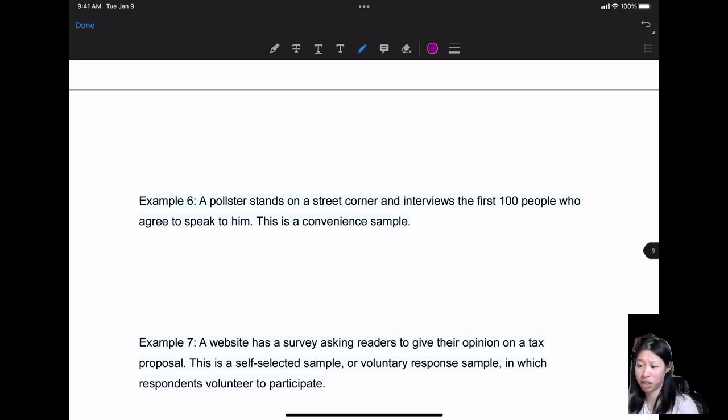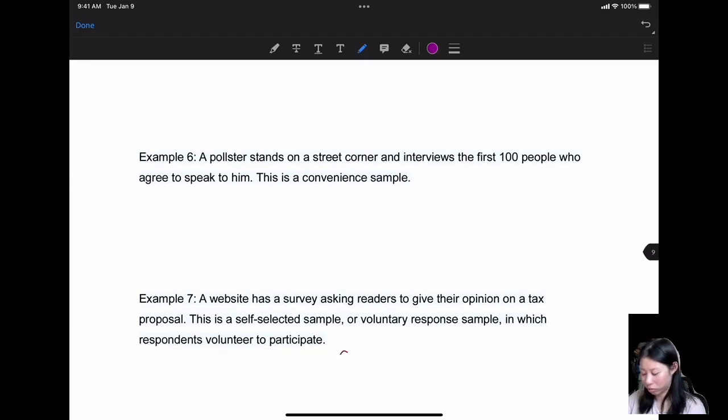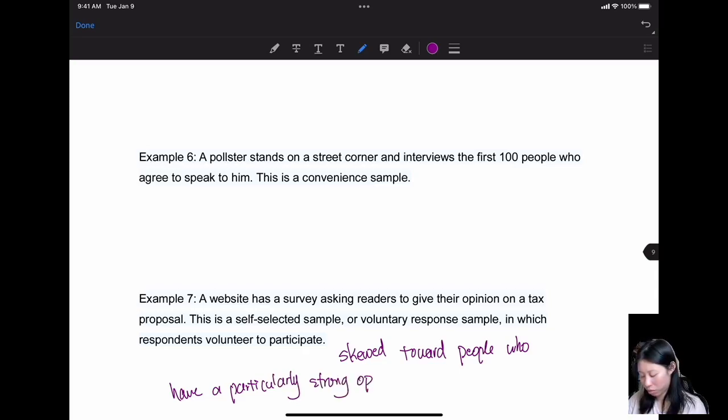So usually voluntary response samples are skewed towards people who have a particular strong opinion about the subject of the survey, or who just have way too much time on their hands and enjoy taking surveys.